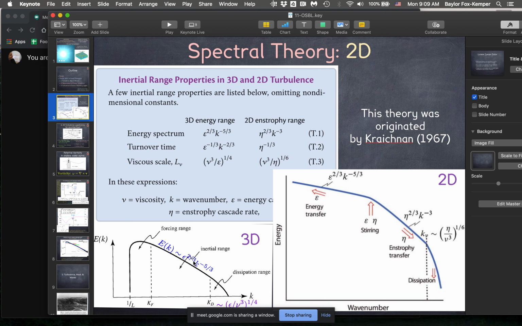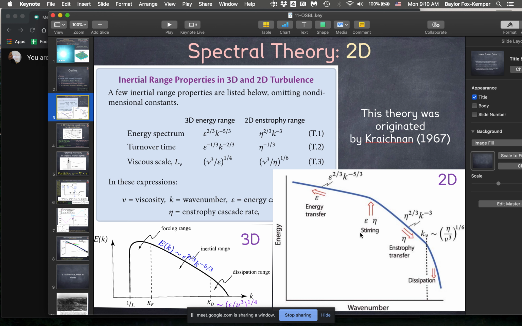If you do the dimensional analysis of that, which we did in class 2 weeks ago, you find that the energy per unit wave number as a function of wave number is proportional to that rate of energy transfer to the 2/3 power times the wave number to the minus 5/3 power. So that's the 3D result.